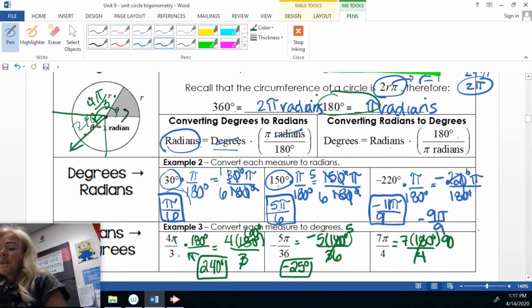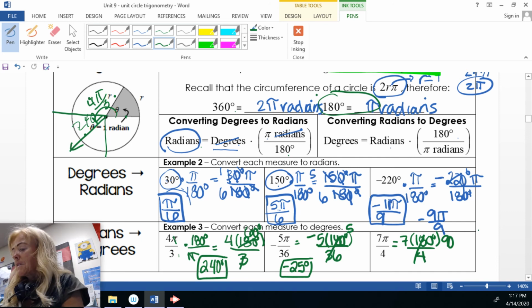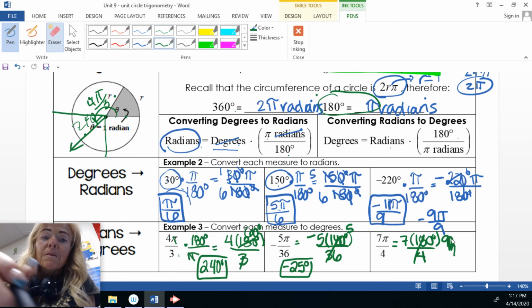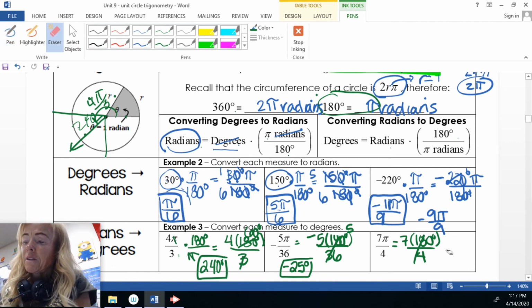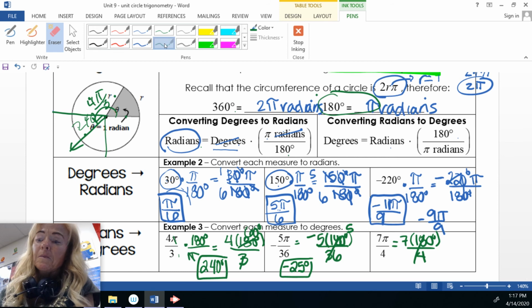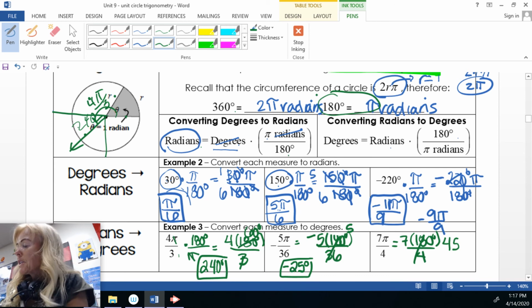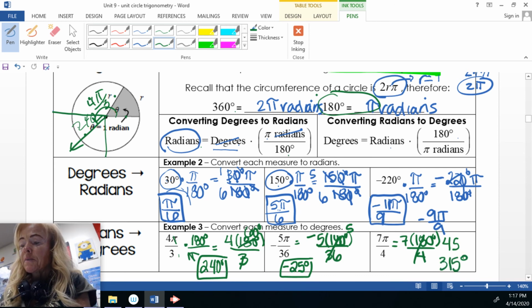Let me use my calculator. 180 divided by 4 is 45. So 4 goes into 180 45 times. And 7 times 45 is 315 degrees.